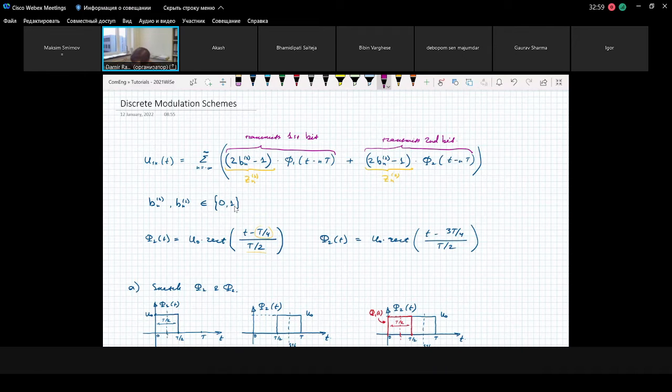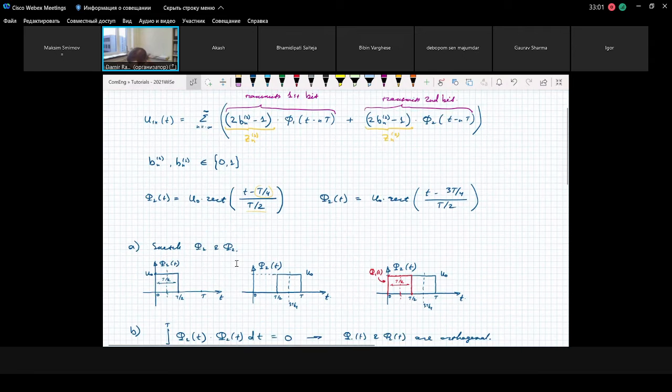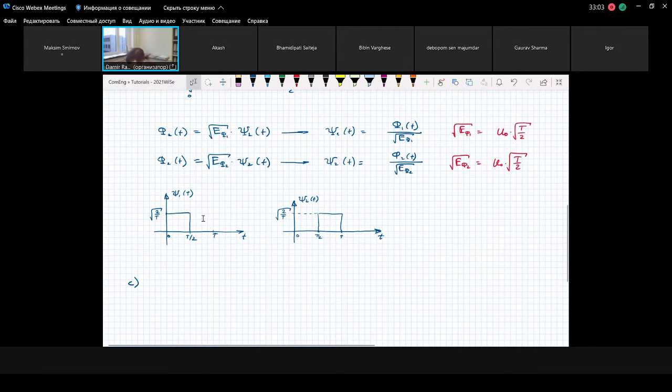And now let's look at how they relate to one another. We see that actually they occupy different time ranges. We have the interval from 0 to capital T over 2 for the first bit, and we have the interval from T over 2 to capital T for the second bit.